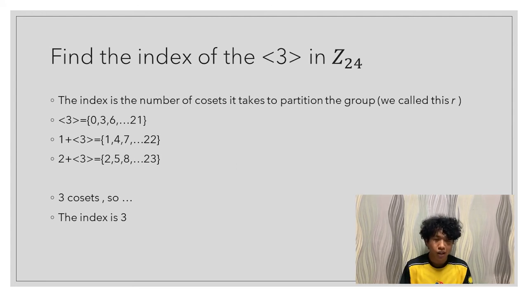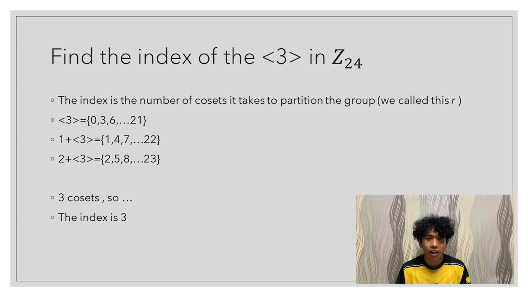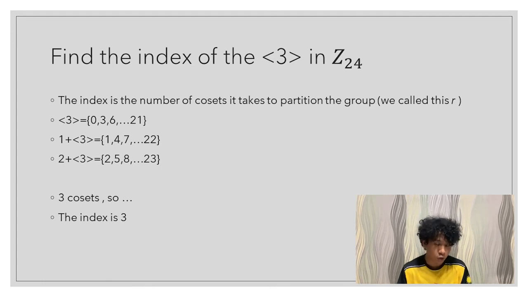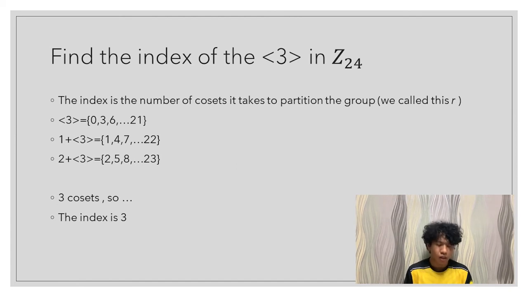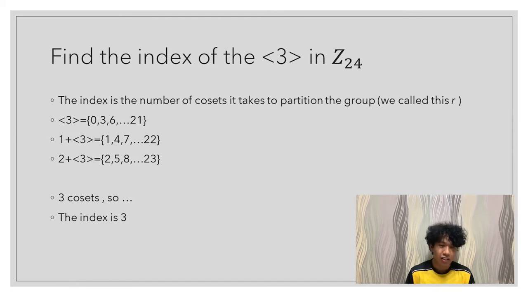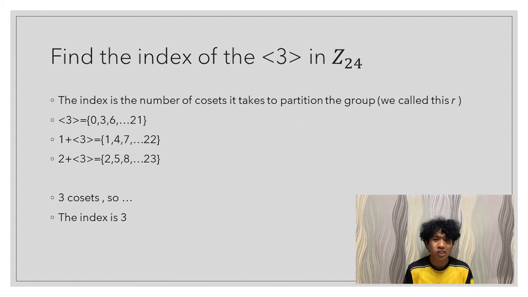When we add 1 to the subgroup generated by 3, we get 1, 4, 7, and the largest number is 22. When we add 2, we get 2, 5, 8, and the largest number is 23. So we get 3 cosets, and the index is 3.